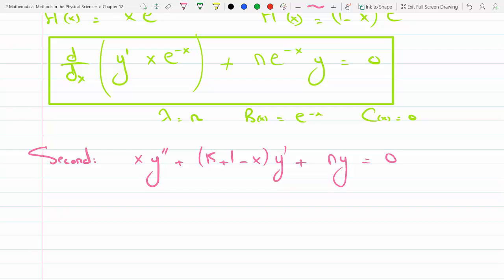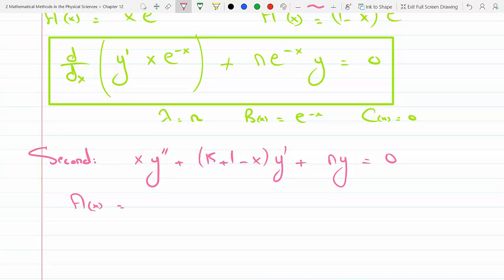I would have to multiply this equation by something, and what that something is, I know it needs to regenerate the same derivative. So I know that my a of x would have to have in it a minus sign to get the minus x, so it would have to have a minus x, right? And I need it to be multiplied by x. However, this time when I bring the exponent down, when I differentiate, it's supposed to give me k plus 1.